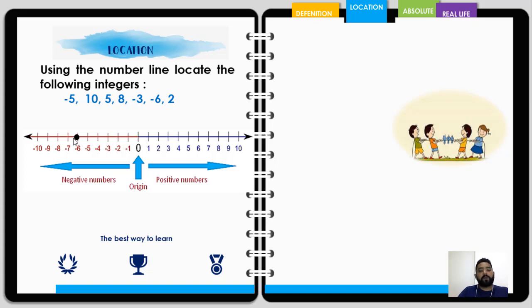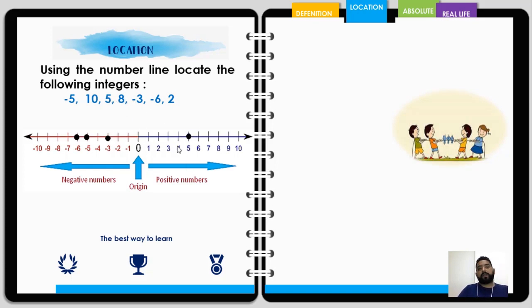For example, if you want to locate -6, from 0 we're going to move 6 units to the left, not to the right. It's to the left because it's negative, and now we have the -6. If we need to locate -5 from 0, we're going to move 5 units to the left because it's negative.